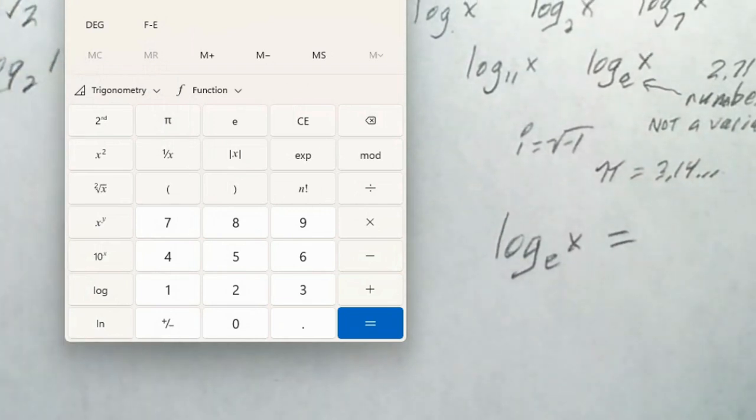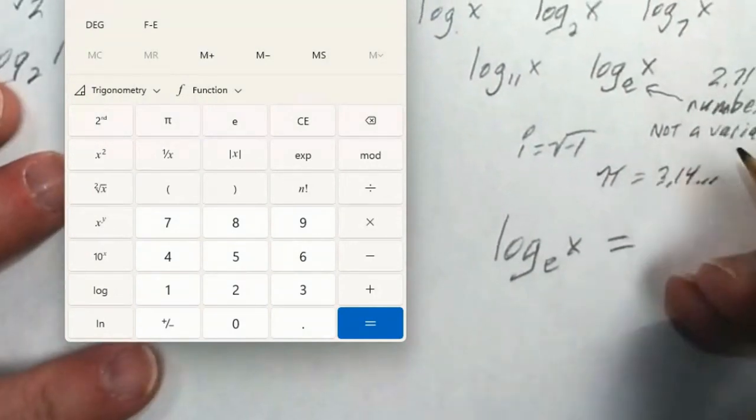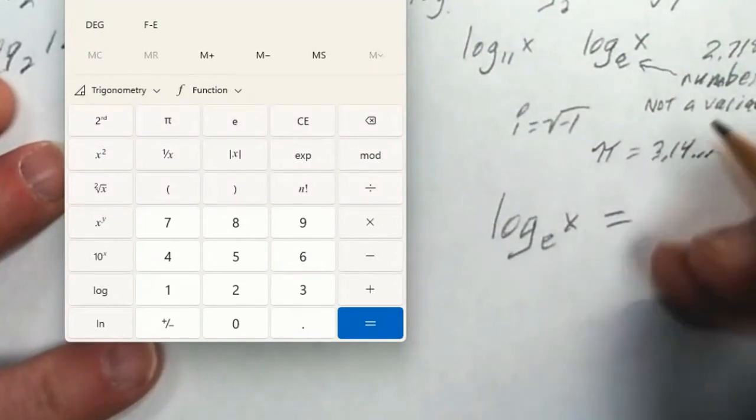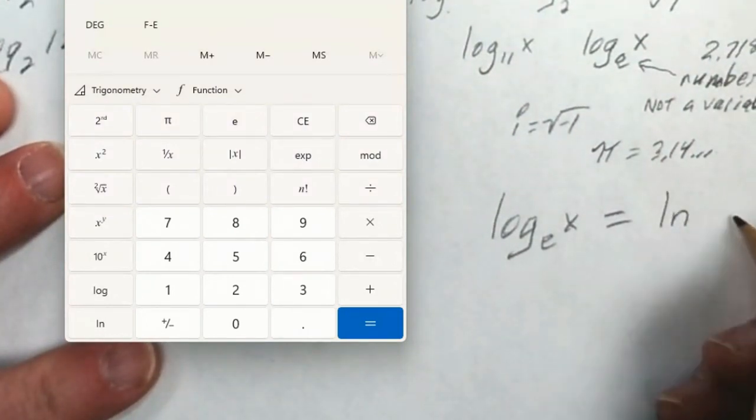E is called the natural number because in life, in science, when they study the world, they find E. There's this number that reoccurs in lots of calculations based on our current world and the surroundings that E plays into. This 2.71828. They've discovered that somehow this relates to a lot of things that we do. So this is called the natural number. So this is called the natural log. So if you have log base E, they just write it like this.